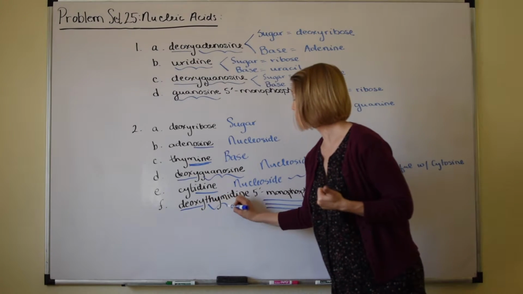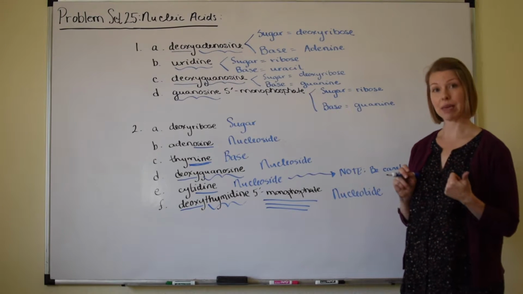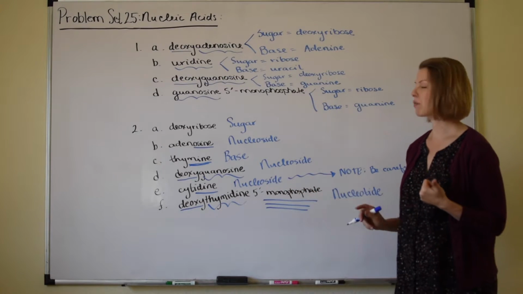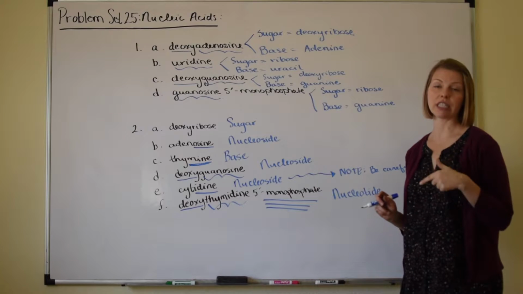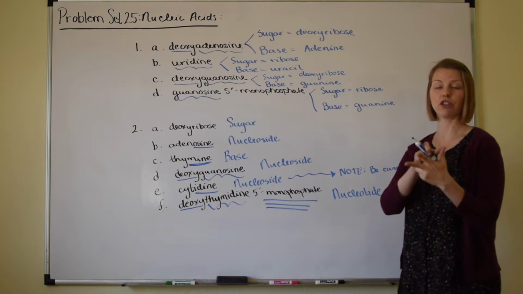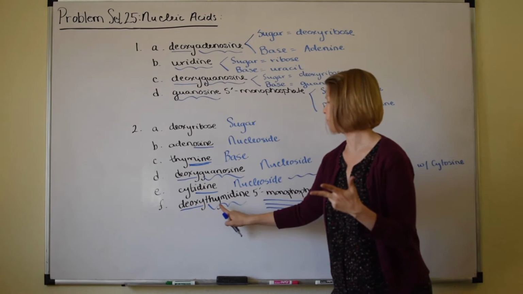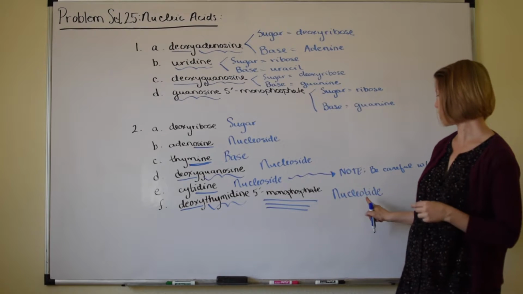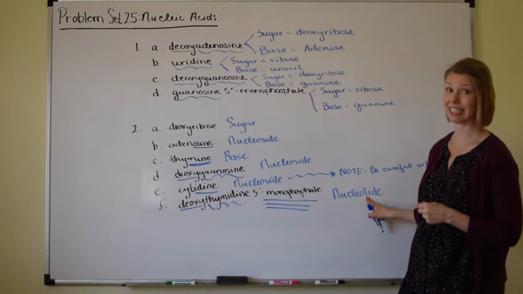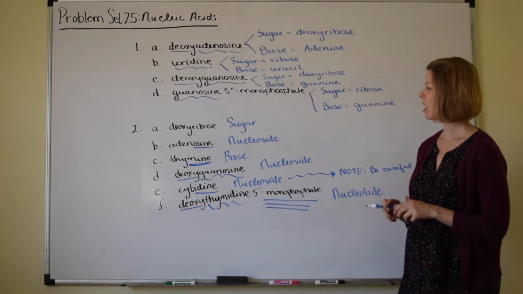Thymidine, so we know that the base is thymine. And monophosphate, so we know that this nucleotide has one phosphate. So there's your three components, your sugar, your base, and your phosphate, making this a nucleotide with a T, not an S. All right.